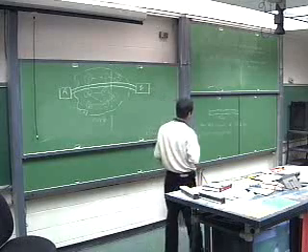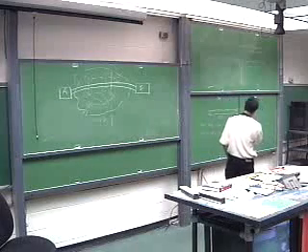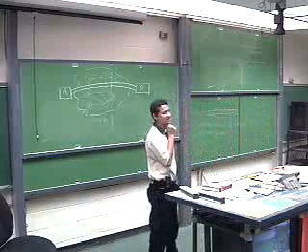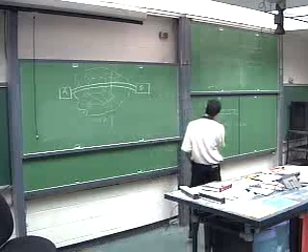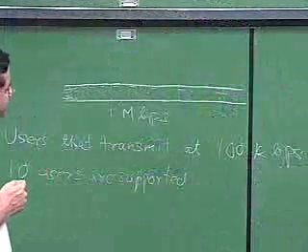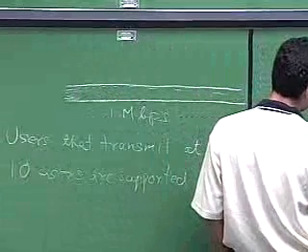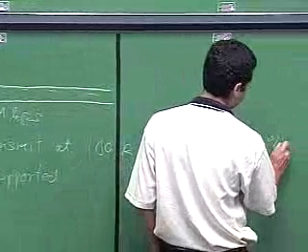In a packet switch network, on the other hand, you don't reserve resources, and you take advantage of what's called statistical multiplexing. So now, additionally, if you know about these users, that they transmit at 100 kilobits per second, but they are active 10% of the time.